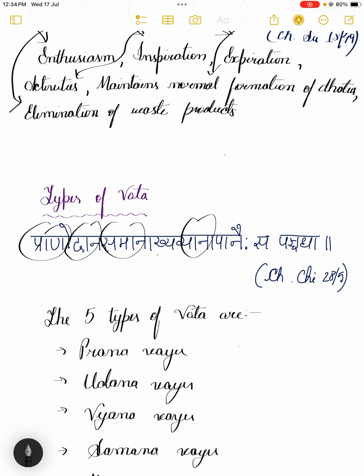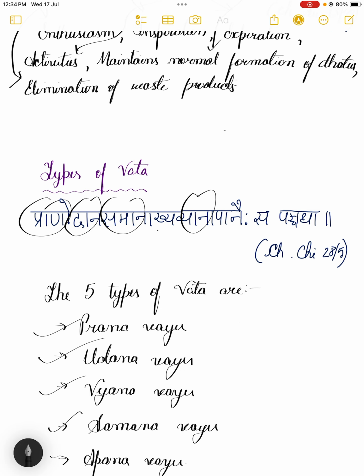So here there are five types of Vata, that is Prana Vayu, Udana Vayu, Vyana Vayu, Samana Vayu, and also Apana Vayu. Since it is a Sandhi here, we should write it as Vyana Apane. So these are the five types of Vata that have been mentioned by Acharya Charak.